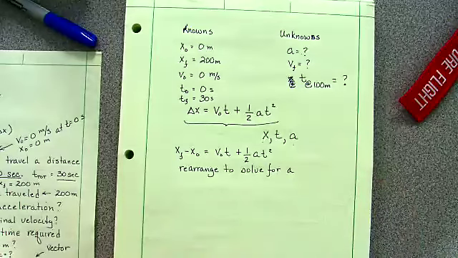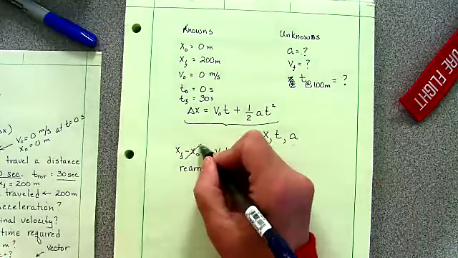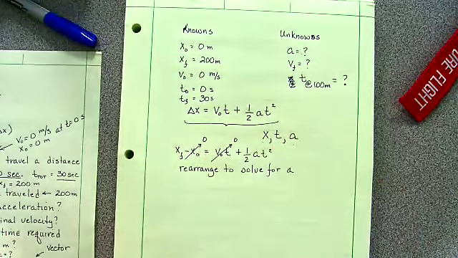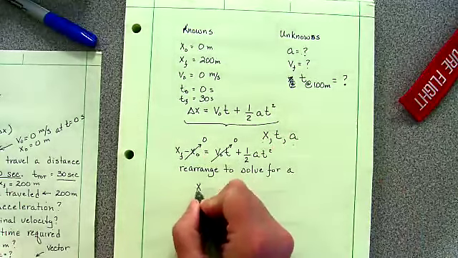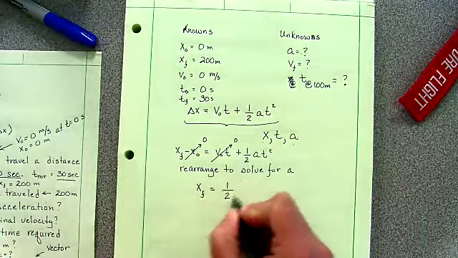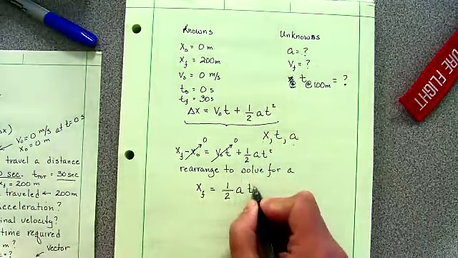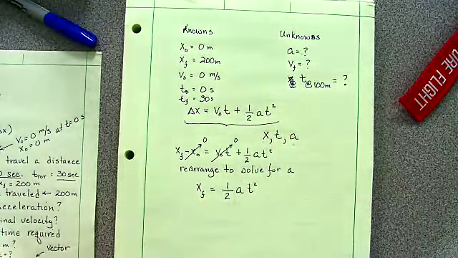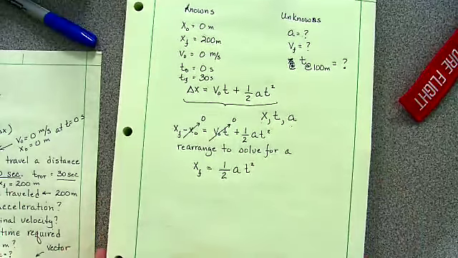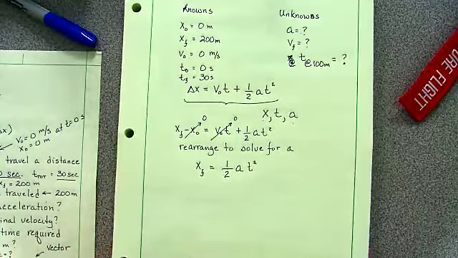Well, first of all, let's get rid of the zeros. We know that that's 0. We know that that's 0. So we can simplify. So I get my final position is equal to 1/2 my acceleration times time squared. Just because it's been a little while since a lot of us have done algebra, I'm going to do it in gory detail.